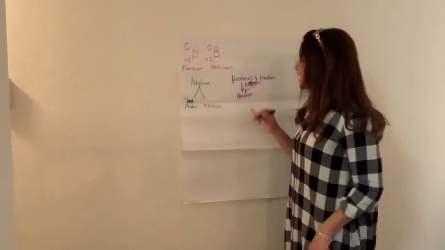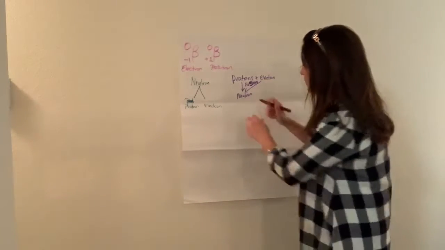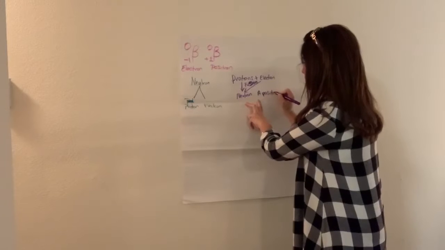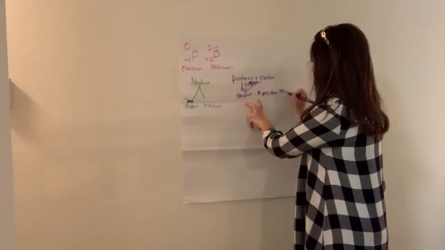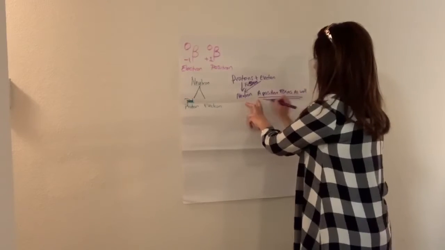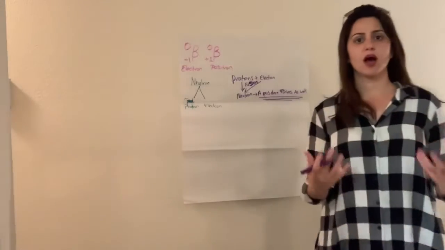Protons and electrons will create this neutron, and when that happens, a positron will form as well. So this results in the creation of a positron.